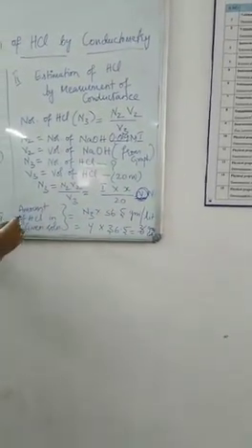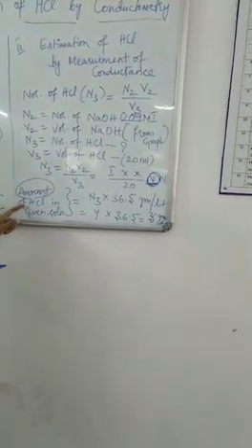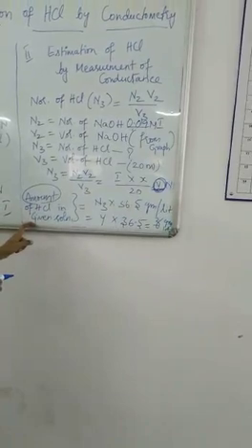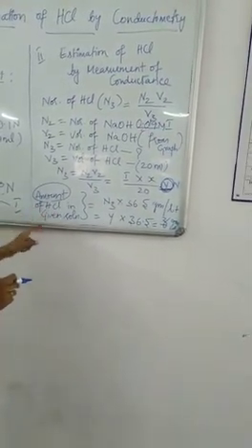Now, what is our experiment? We need to find the amount of HCl in a given solution. How do we calculate it?